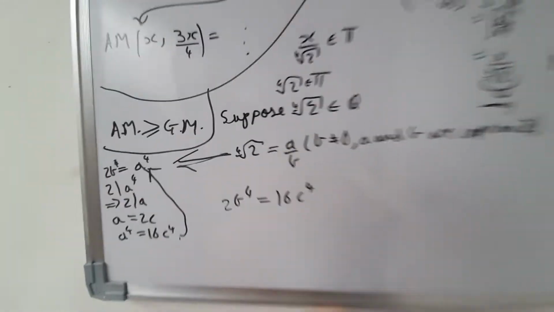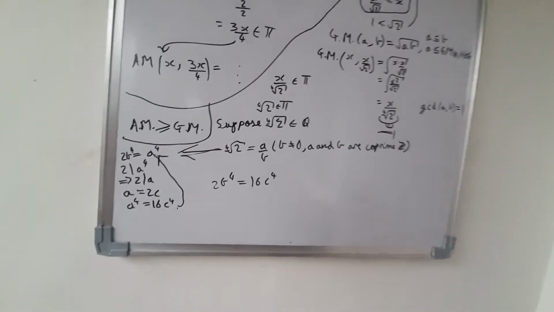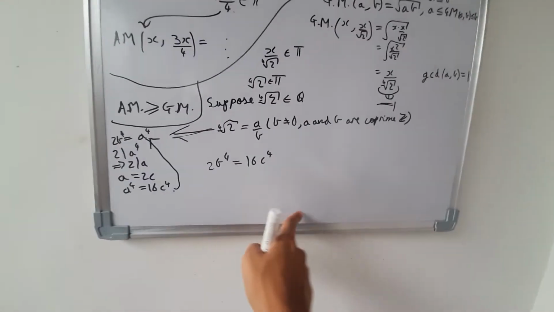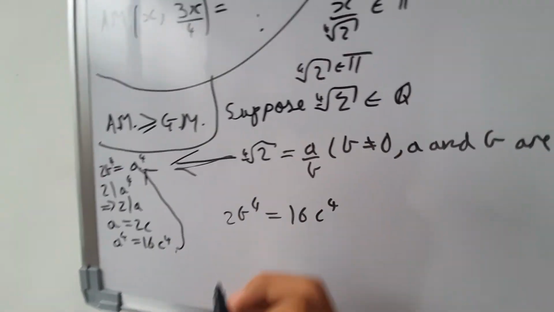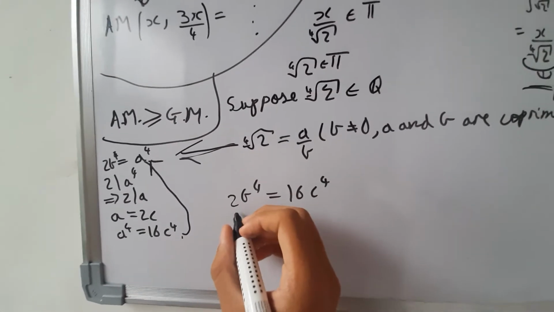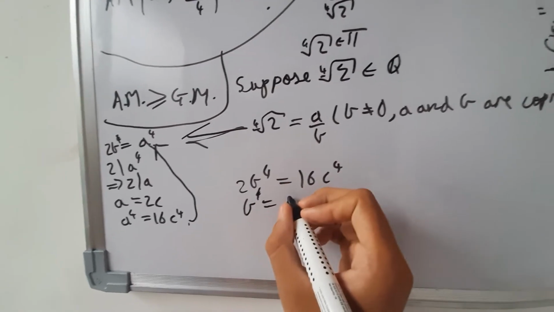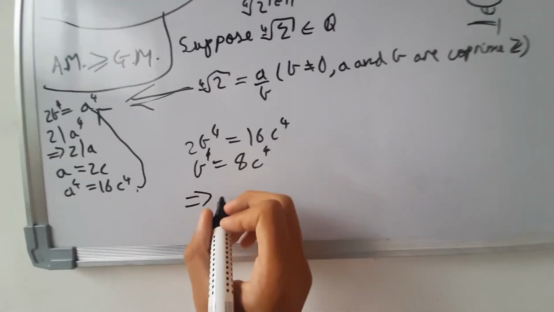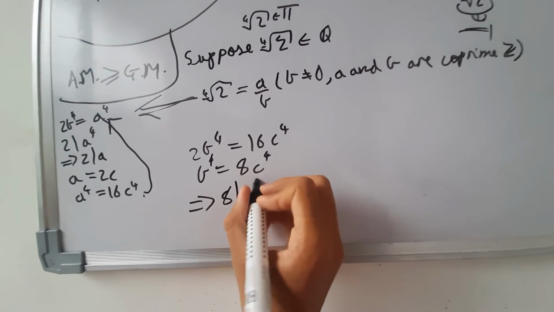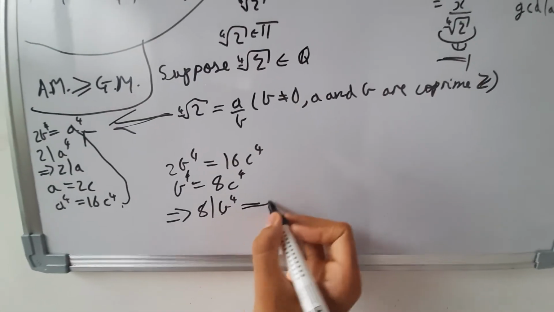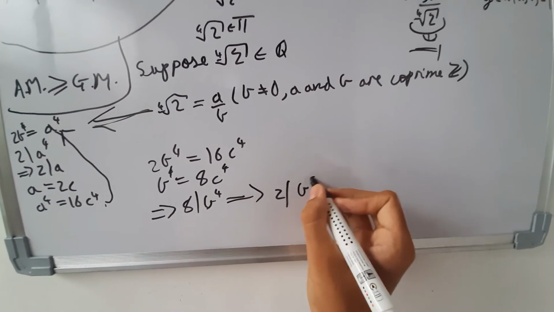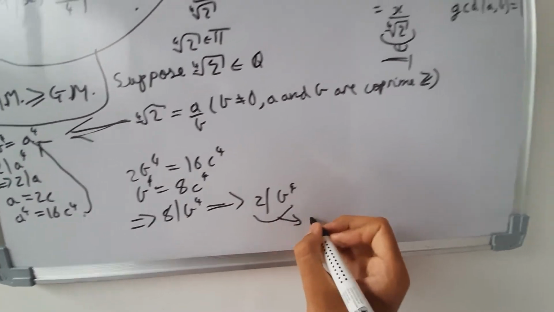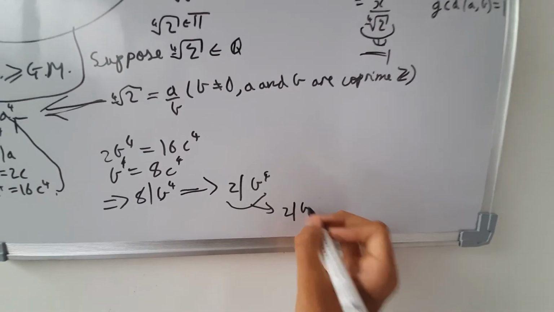Now we divide both sides by 2, because we know that 2 is not equal to 0. So b to the fourth is equal to 8c to the fourth. This implies that 8 divides b to the fourth, but of course 8 is a multiple of 2, so 2 divides b to the fourth, which indeed implies that 2 divides b.